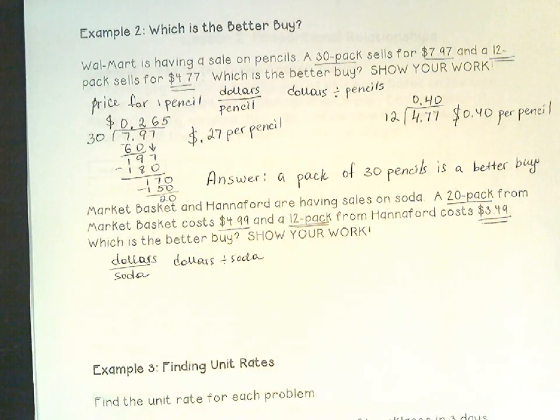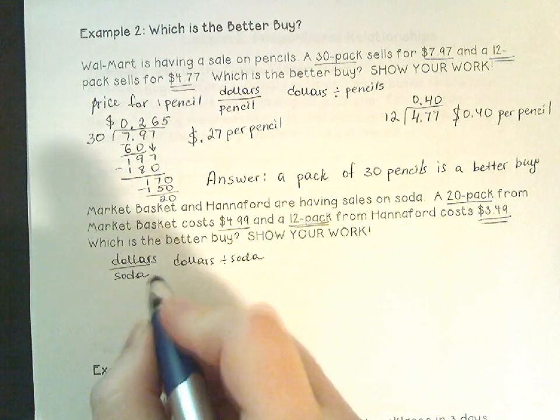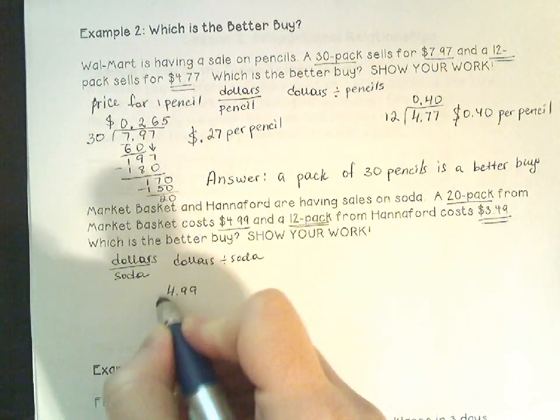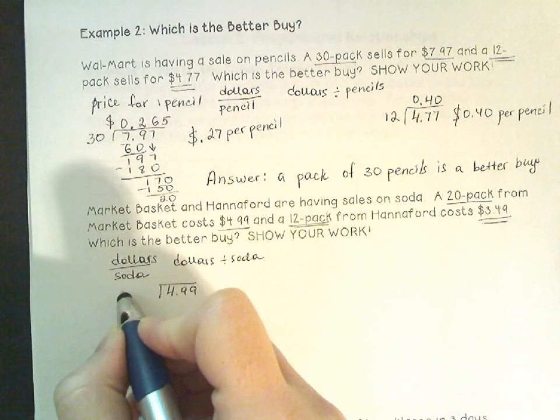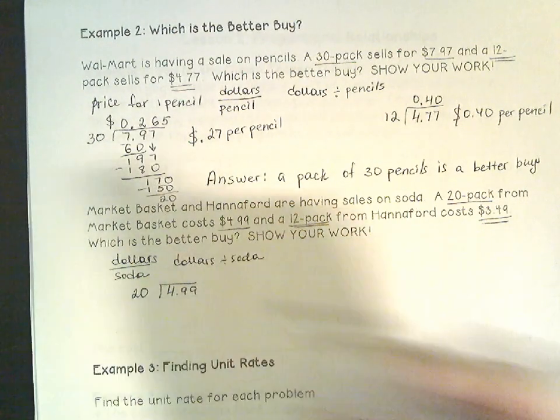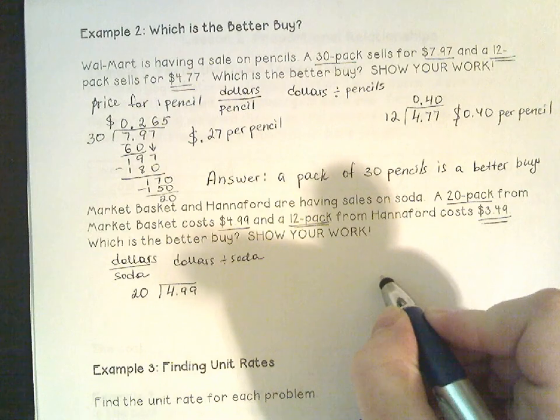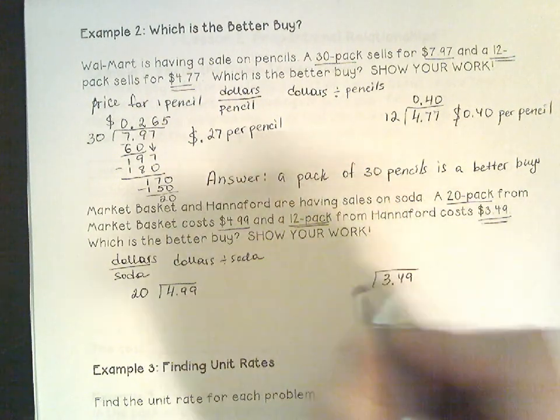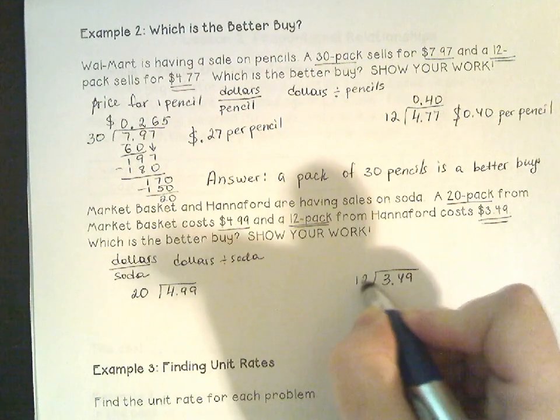And this way I will find my unit rate. So 4.99, I'm dividing by the 20 pack, and on the other side I'm going to divide 3.49 by the 12 pack.